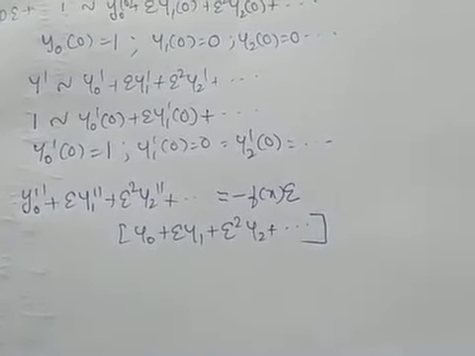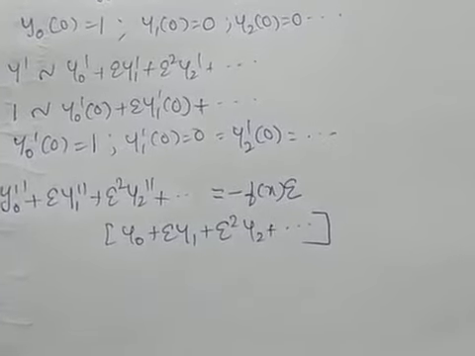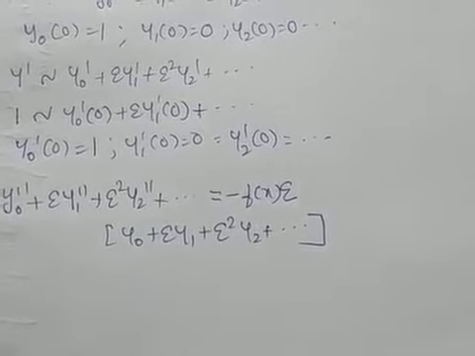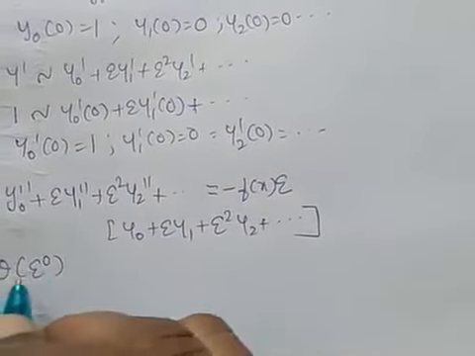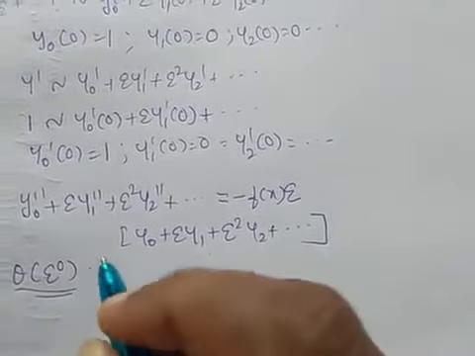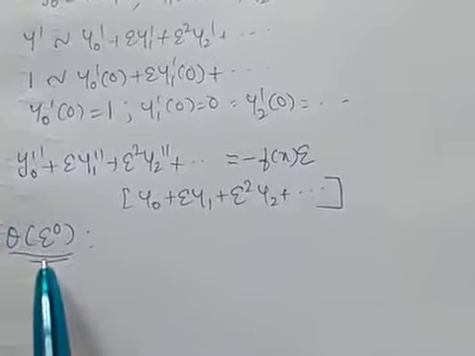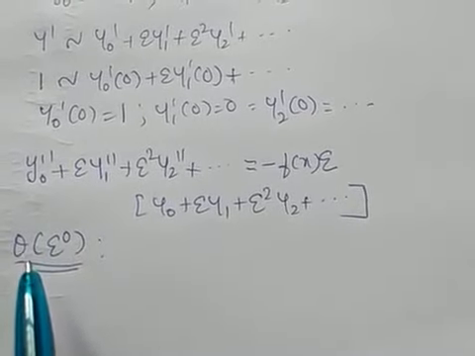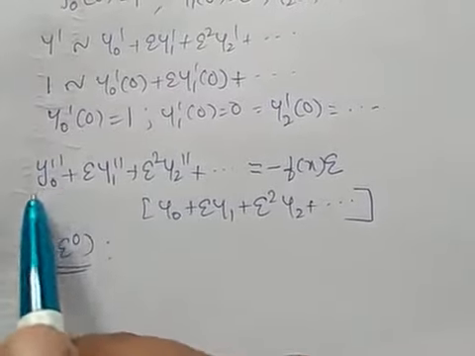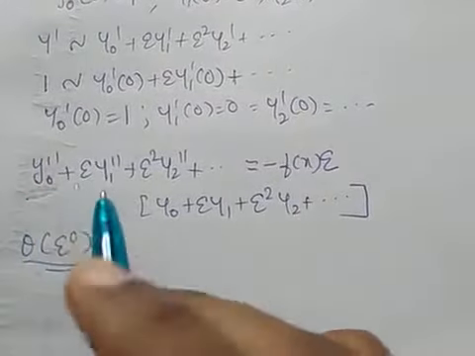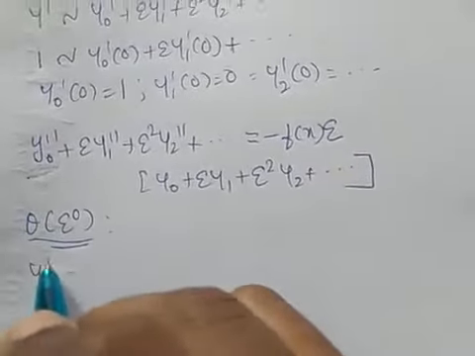Again, I hope you remember the procedure. We are going to equate the coefficient of epsilon to the power 0. So if we equate the coefficient of epsilon power 0, we get y0 double dash.